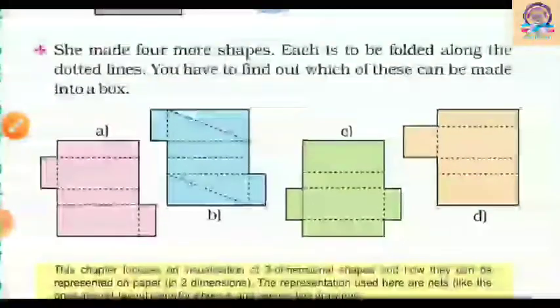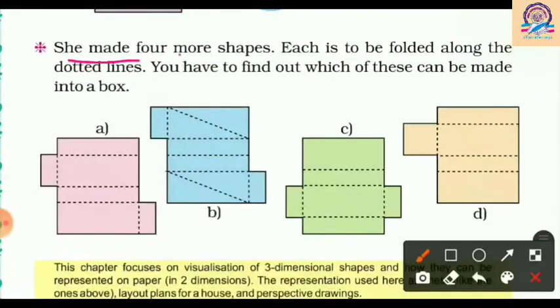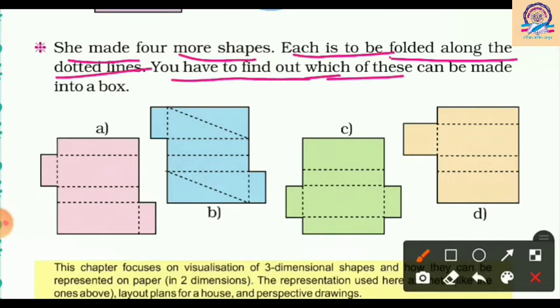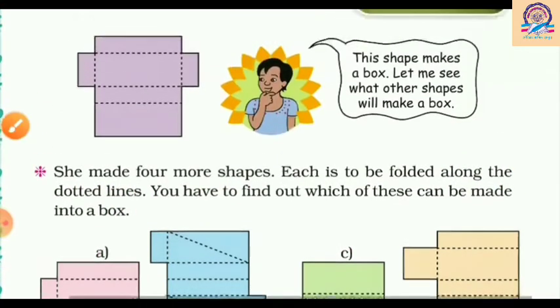Now going further, she made 4 more shapes. Each is to be folded along the dotted lines. You have to find out which of these can be made into a box. So here we have 4 cutouts, and we have to find out which of these can be converted or folded into a box.